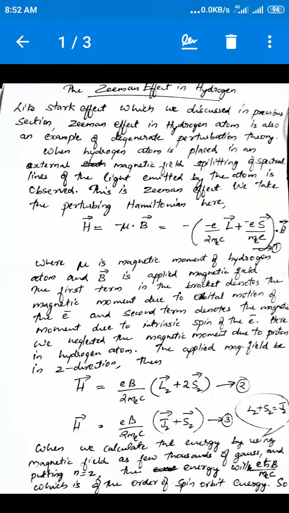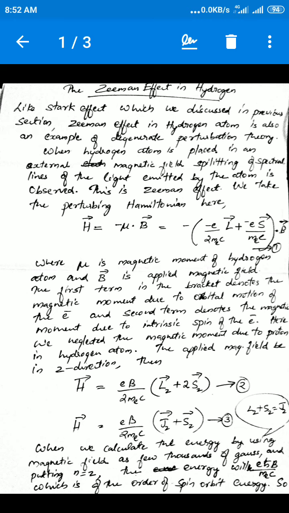When we calculate the energy using a magnetic field of a few thousand Gauss, and putting n equal to 2, that is the second energy level, the energy of the level which has n equal to 2 is e h cut B by me c. You have studied this energy determination in earlier BSc classes.